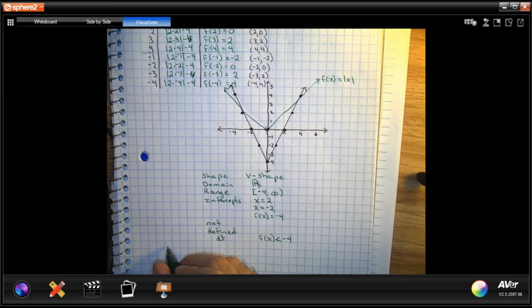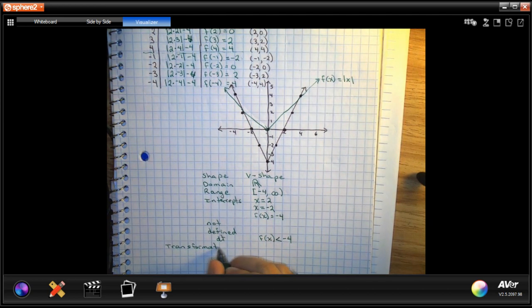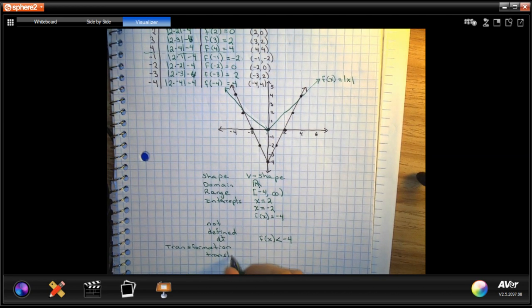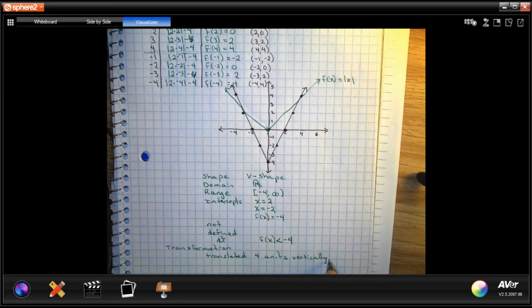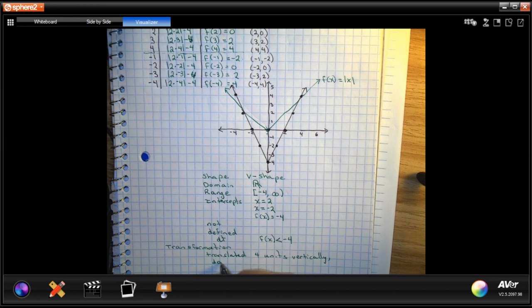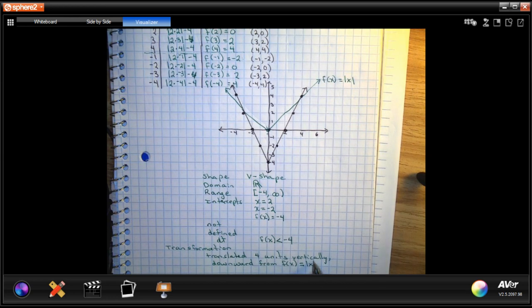So the transformation is translated 4 units down vertically, downwards, from f of x equals the absolute value of x.